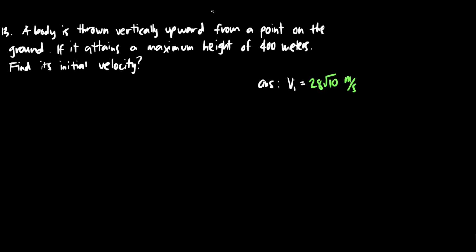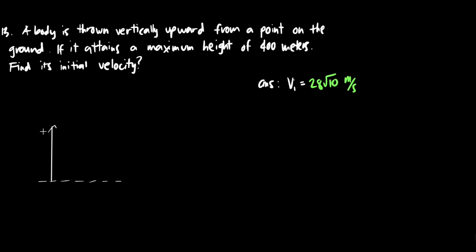For number 13, a body is thrown vertically upward from a point on the ground. So we'll draw a body thrown vertically upward. Let's say this is the object thrown and this is the ground.